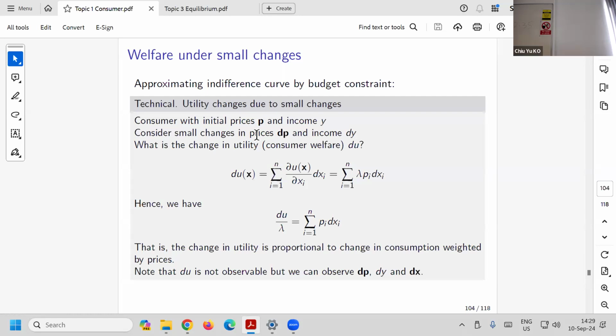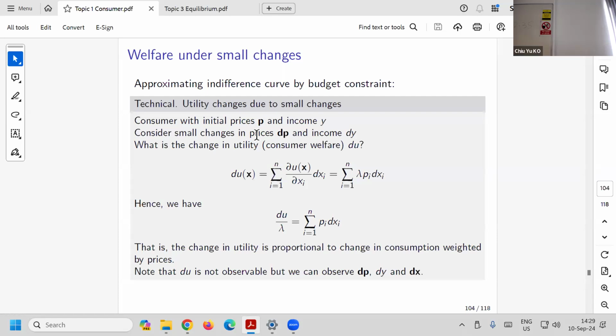You want to see the change in utility. This is dU, and d is a notation in calculus. It's just small changes. If you don't like it, you can use the big delta. A small change in price and a small change in income, how does it change people's utility? This is what you want to measure, to see whether your consumers are happier.